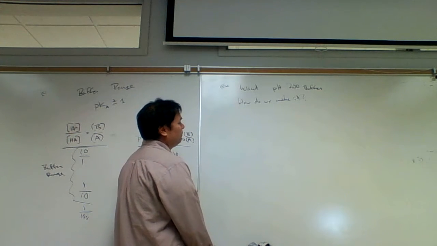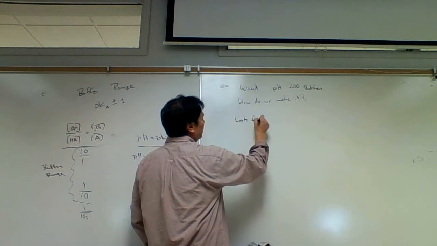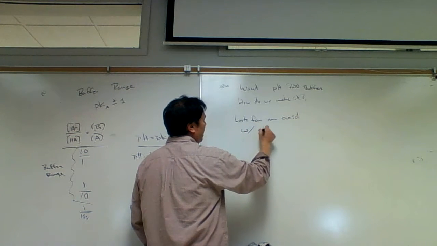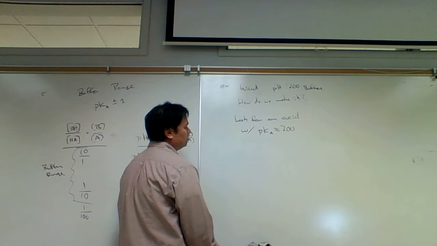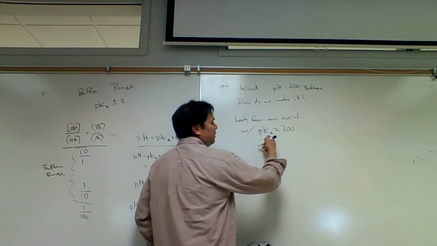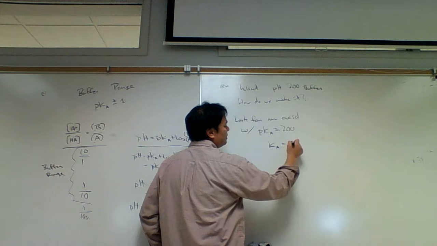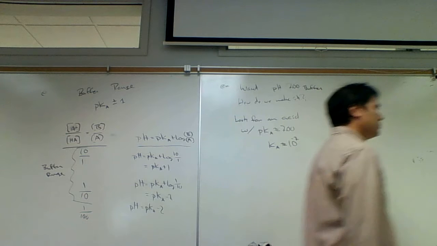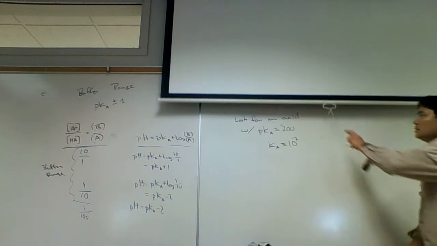All right, so if we want a pH 7.00, then we look for an acid with a pKa about 7.00. If the pKa is 7.00, then that means the Ka is around 10 to the minus 7. And so we're looking for an acid with a Ka around 10 to the minus 7. Let's see what we have for choices.